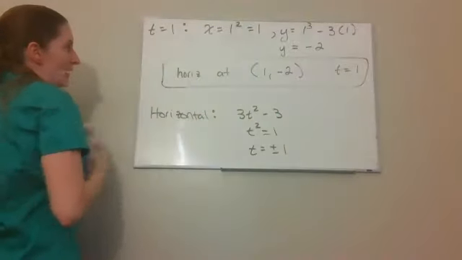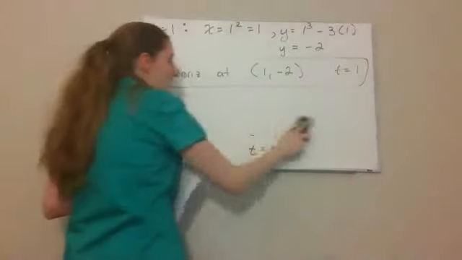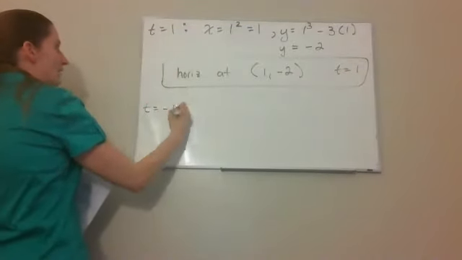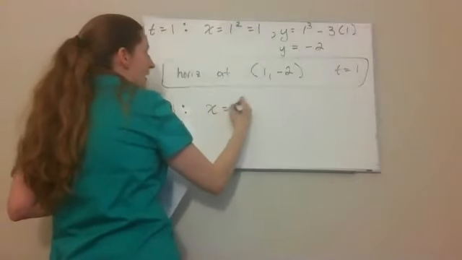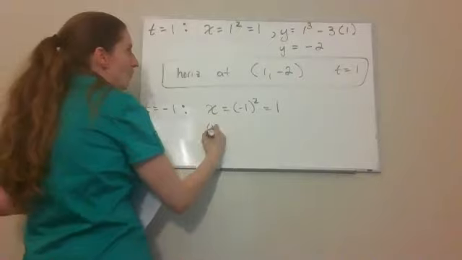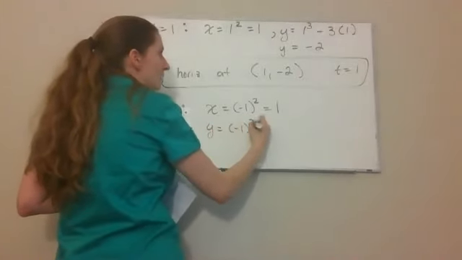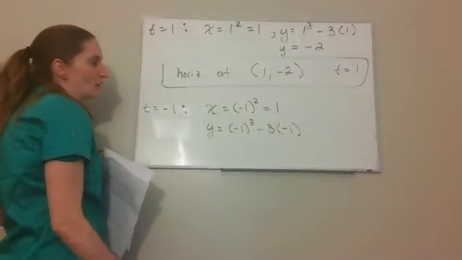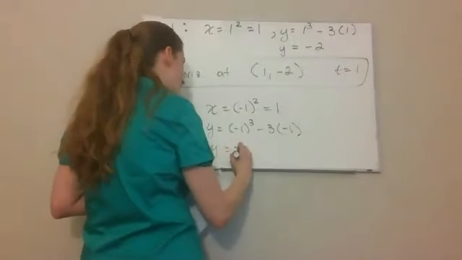And now to figure out what the point is when my t is negative 1. When my parameter is negative 1, my x is still 1, and my y is negative 1 plus 3, which is positive 2.